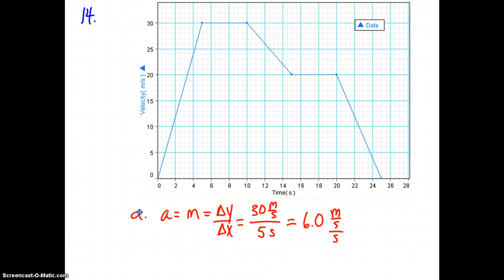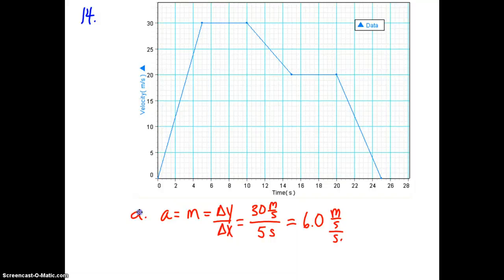I'm going to show you a quick little lesson here on the units of acceleration. Meter per second per second, that's a double fraction. In order to simplify a double fraction, we have to multiply both the numerator and the denominator by the reciprocal of the denominator. The denominator here is s.